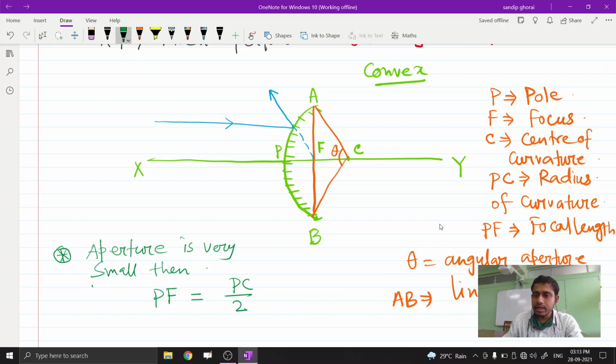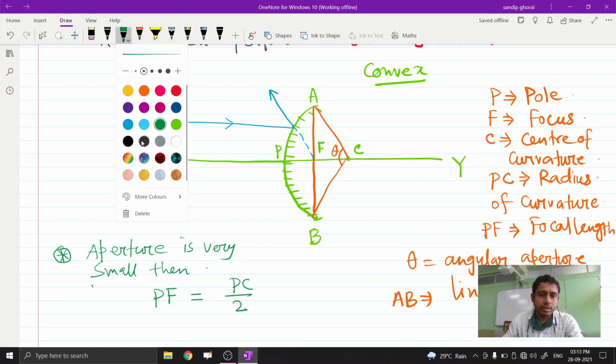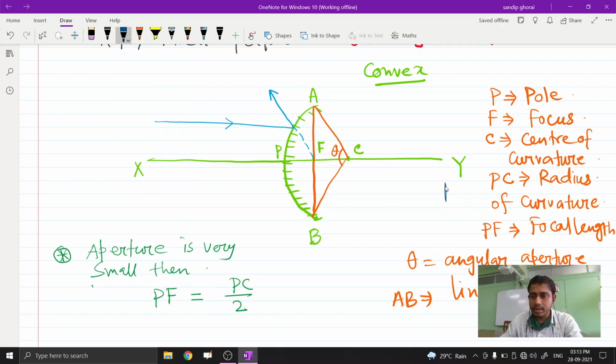Generally PC, which is radius of curvature, is symbolized with capital R, and focal length is small f. So from this relation, f is equal to R by 2.